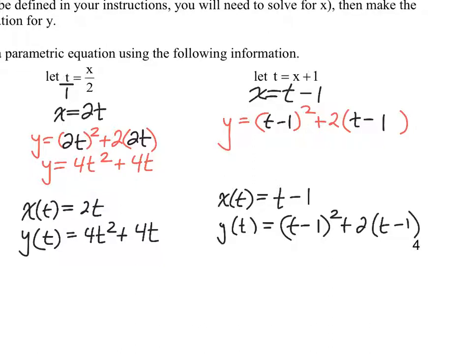This is just shifted 1 unit, every point shifted 1 unit to the right. So this is actually a more beneficial way of representing your equation than to actually distribute it out and get it into ax squared plus bx plus c form. Right? But that's just the way my brain works from like 20 plus years of experience. So if you don't think like that, that's not a knock on you. It's just I've been doing it longer, you know. So I better be thinking on a higher level.